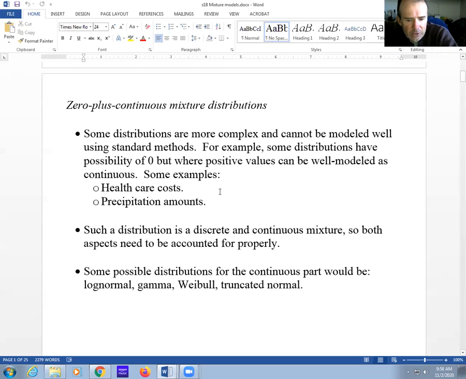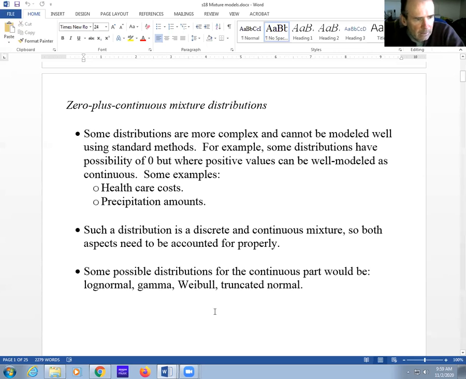So we have situations where we may have a positive amount, but you could also have a 0. And the problem is with continuous distributions, you assume that you don't have any probability on one specific value, right? In order to get probability out of a continuous distribution, you have to look at a range of values. So that's the problem that we're facing.